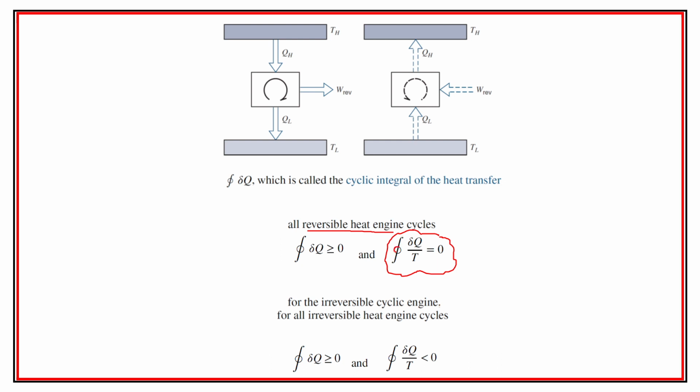So we get the little circle right there, going round and round, back and forth. It's going to be equal to 0 for a reversible cycle. But for an irreversible cycle, it's got to be greater than 0. So here is really the inequality of Clausius. It's going to end up being a negative value right here.